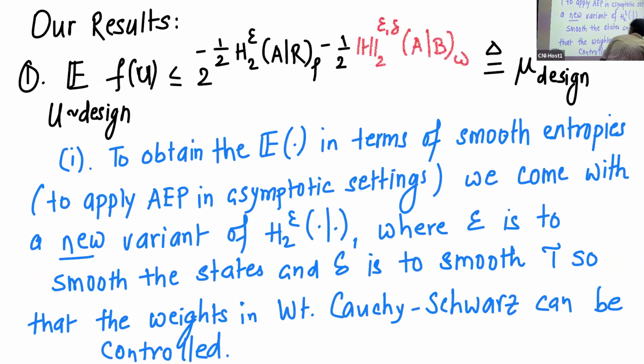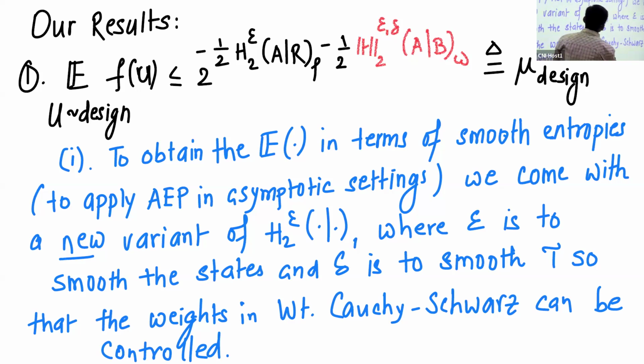If I have a weighted Cauchy-Schwarz like this, which is sigma to the power minus 1/4, M, sigma to the power minus 1/4, in the L2 norm, I have to control these weights in order to come up with a tight enough Lipschitz constant first, and second, I have to control these weights so that when I perturb tau to tau tilde, I still get an analogous entropic quantity. So controlling these two things gives rise to this new entropic quantity.